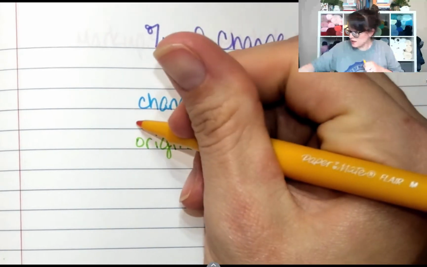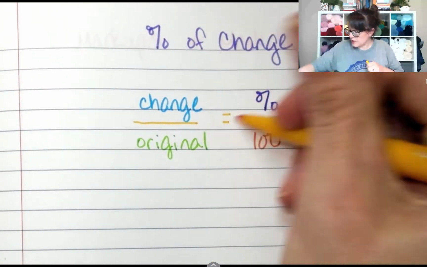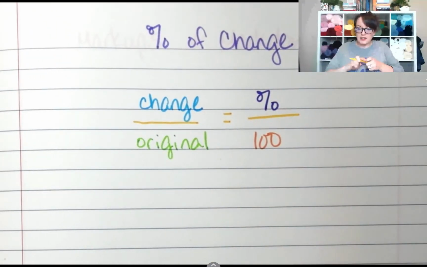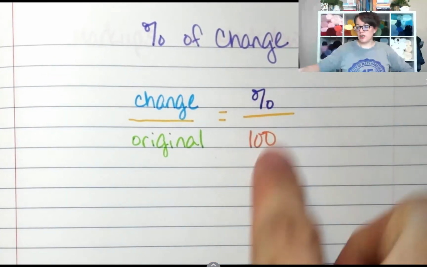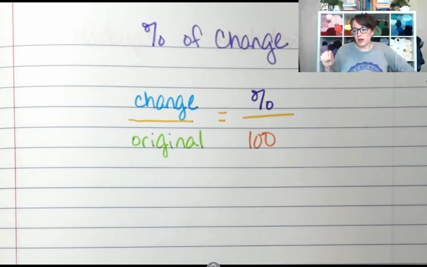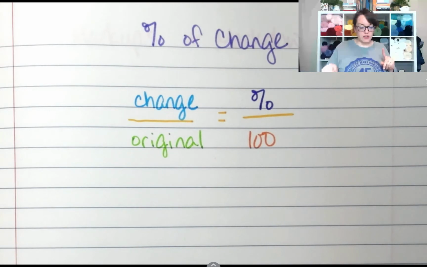So we are dealing with a proportion, kind of like the percent proportion, with that percent over 100 piece. When I'm talking about percent of change, I want to know how much change compared to the original. The first thing I have to do is calculate the change.